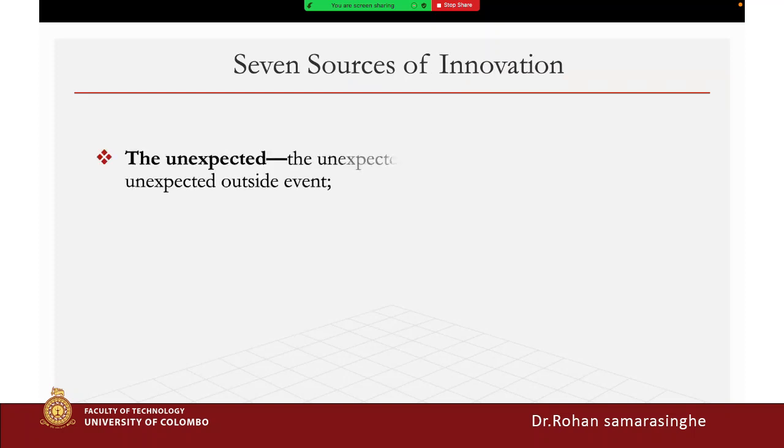The seven sources of innovation: unexpected things, unexpected success, unexpected failure, and sometimes unexpected outside events.